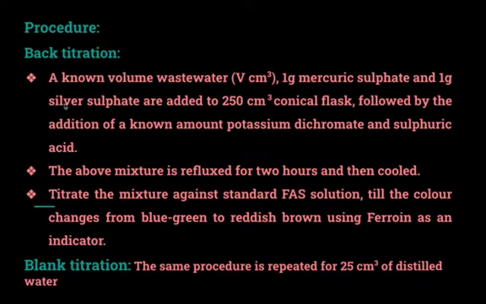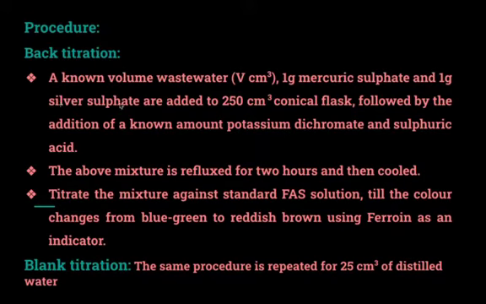Here, silver sulfate acts as a catalyst for the oxidation of straight chain hydrocarbons. Whereas mercuric sulfate will prevent the interference of chloride ions present in wastewater, because when we are using silver sulfate, there are chances that silver will combine with the chloride ions present in wastewater and form silver chloride precipitate.